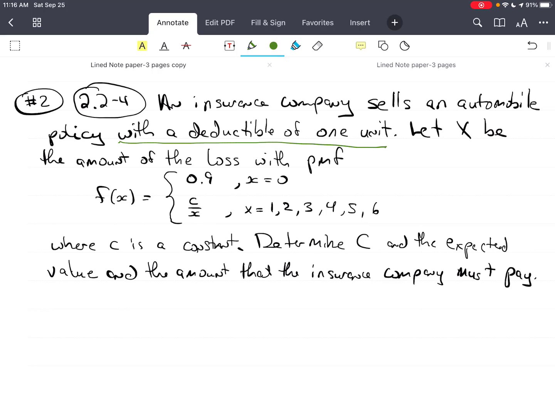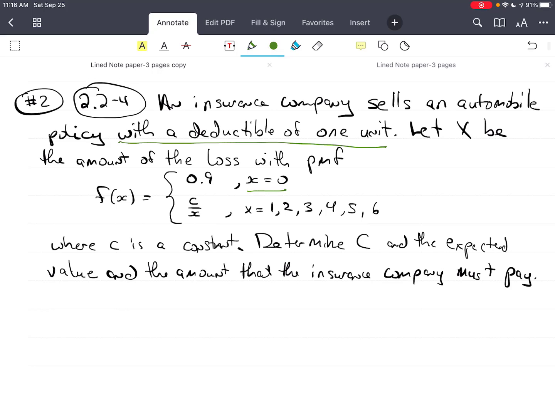And so this PMF is, you could call it a step function or a two-part function. So when the loss is 0 units, f of x is equal to 0.9. Okay? And when the loss is 1 through 6 units, the value is c over x.